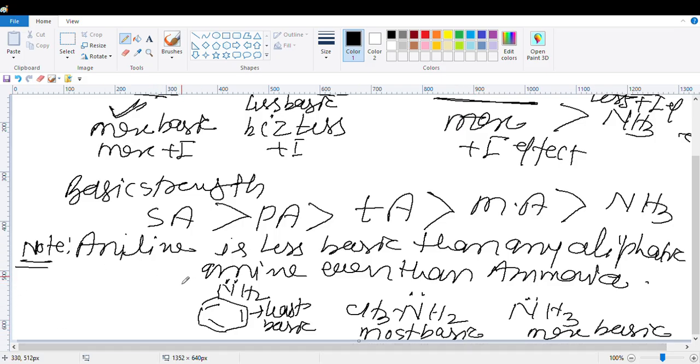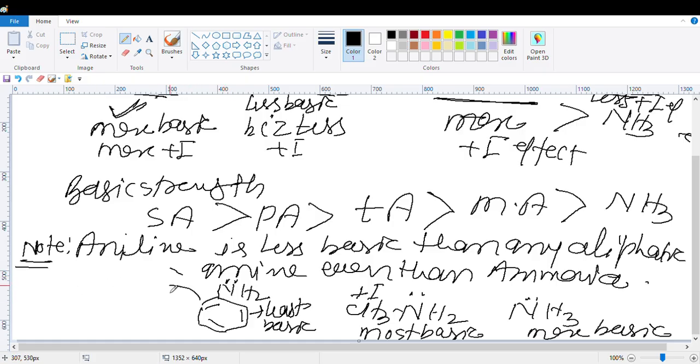Reason? Because methylamine has plus I effect. It is an electron donating group or pumping group, which increases the negative charge density on nitrogen of NH2 and increases the basic strength. While in case of aniline, lone pair is in conjugation with the benzene.